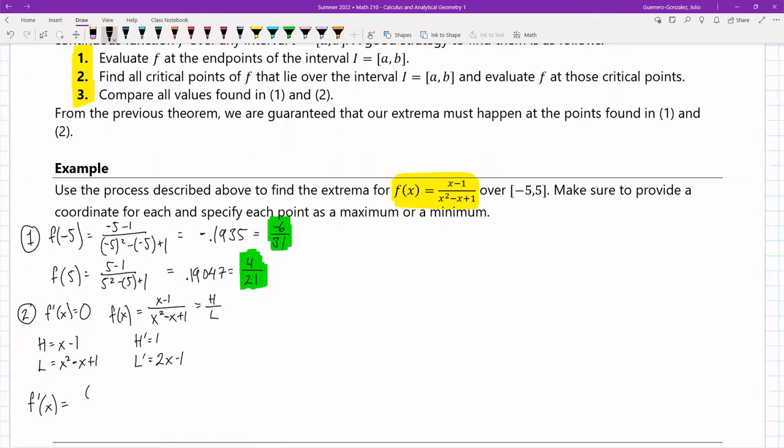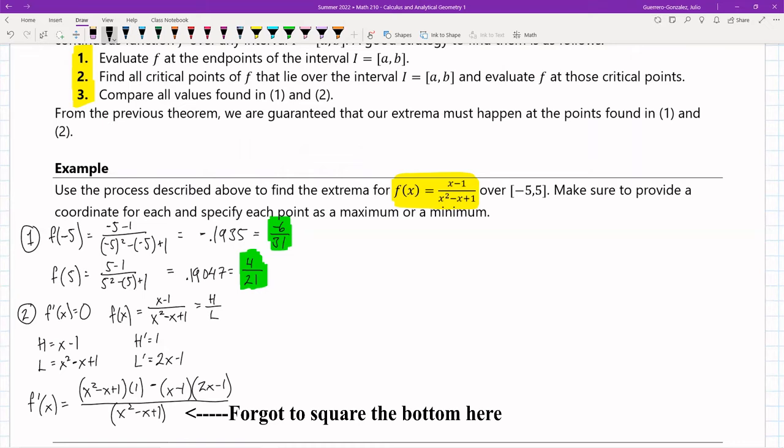It's low times d high, x squared minus x plus 1 times 1, minus high, x minus 1, times d low, which is 2x minus 1, all over the bottom squared, x squared minus x plus 1.